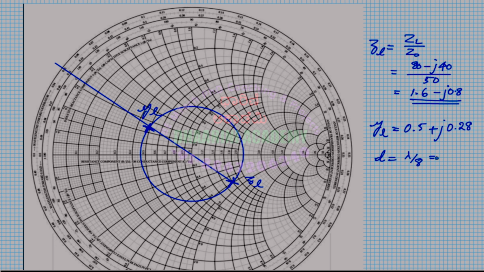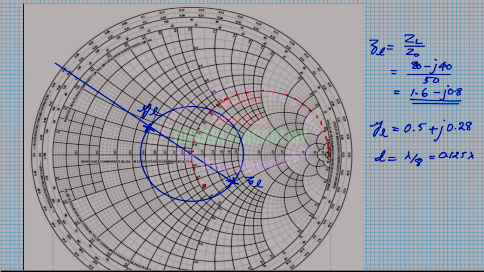So lambda by 8 means how much? What is 1 by 8? 0.125, correct? 0.125 lambda. So here recall the previous step. In the previous step, I used to consider this circle, correct? Now this is the circle that we are going to consider for the original transmission line which we are considering.